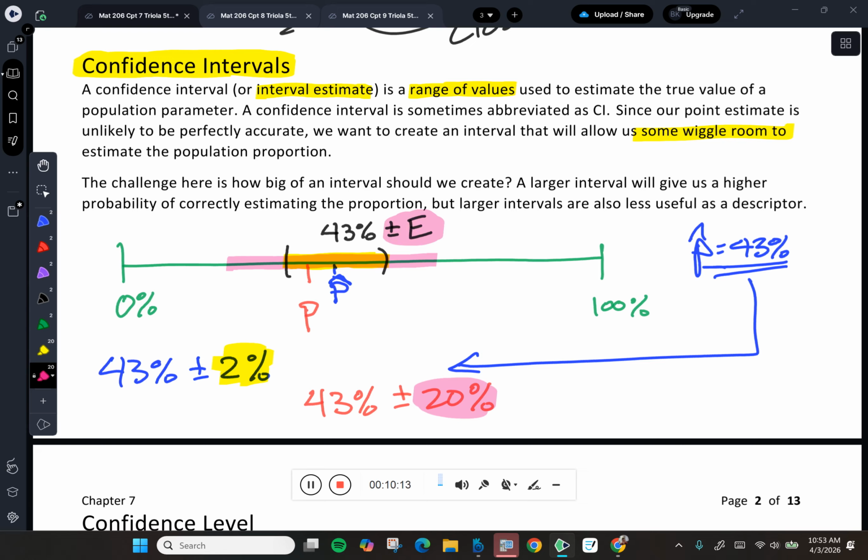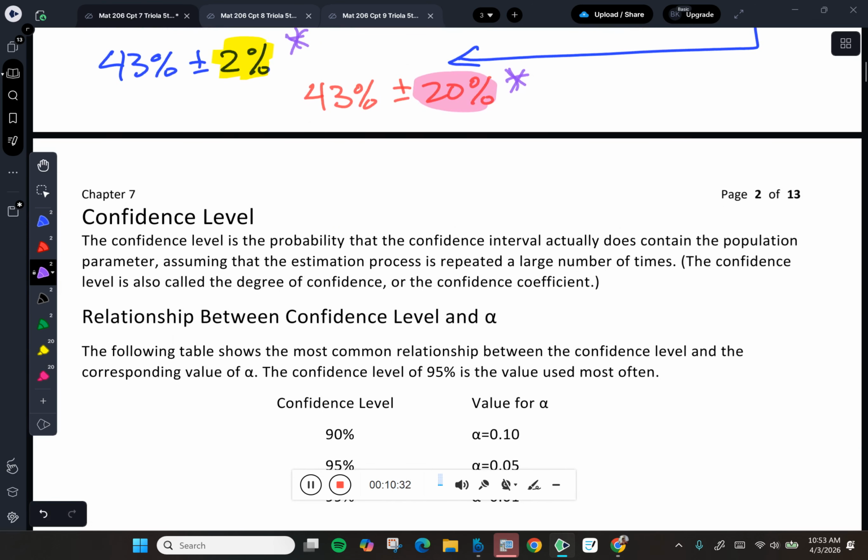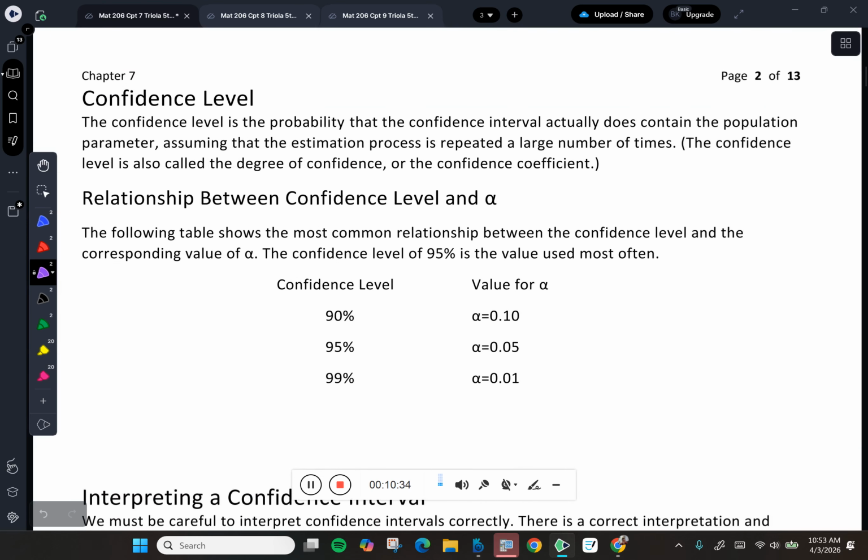So there's going to be a balance that we have to find between being so small like this one, where there's a chance we're going to miss what we're looking for, and being so big like this one that it becomes a useless measurement tool. And what this boils down to is something that statistics calls the confidence level of your confidence interval.